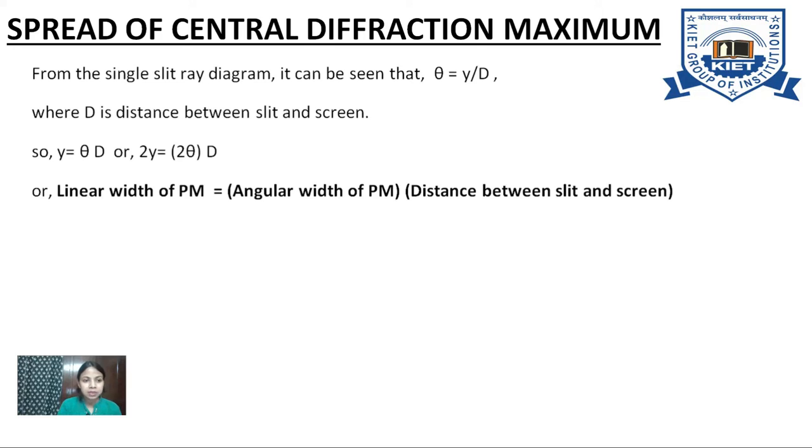So y becomes theta into D, or 2y becomes 2 theta into D. So we can say that the linear width of the principal maxima is equal to the angular width of the principal maxima into the distance between the slit and the screen. You also have to remember that y is called the half linear width of the principal maxima and theta is called the half angular width of the principal maximum.